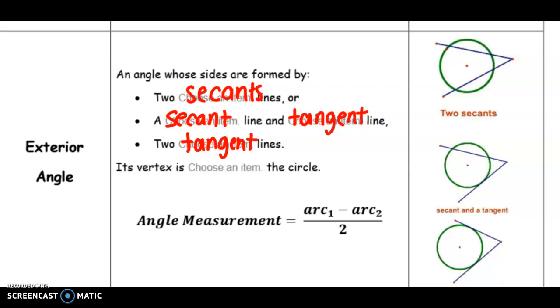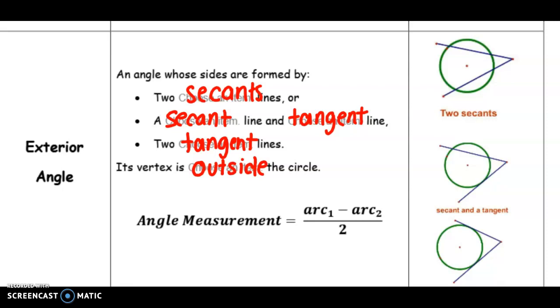So to the right, we have our examples. We have our two secant lines. We have our secant line and tangent line. And we have our two tangents at the bottom. The exterior angle has a vertex outside the circle.